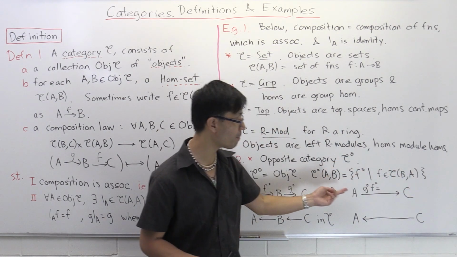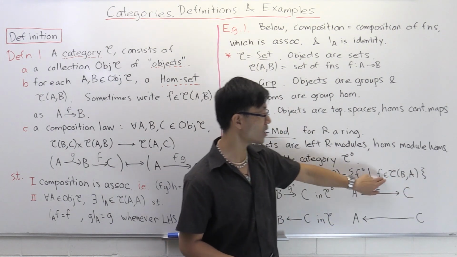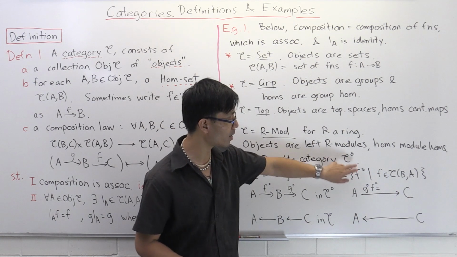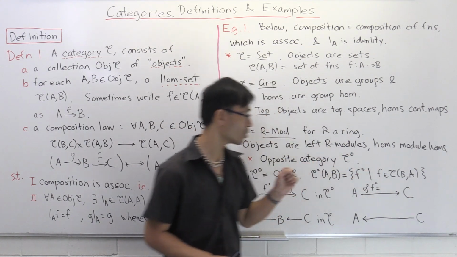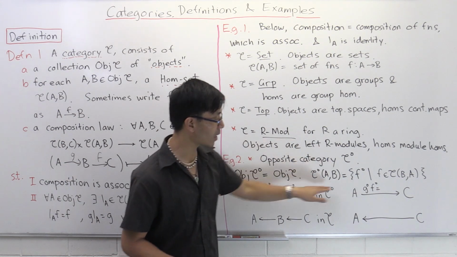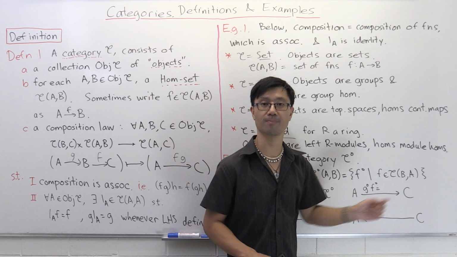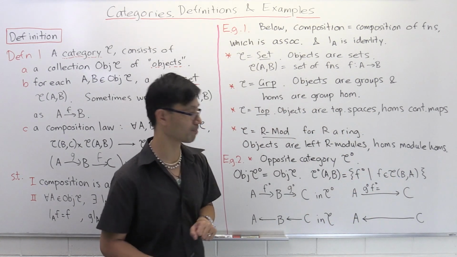So we've swapped the A and B. For each one, we're going to pick a copy. I'm just going to write it as an F opposite to make it a new thing, to make it clearer whether we're looking at Homs inside this opposite category or inside the original category. That's the only reason why I did that, but I guess I could set it up differently.